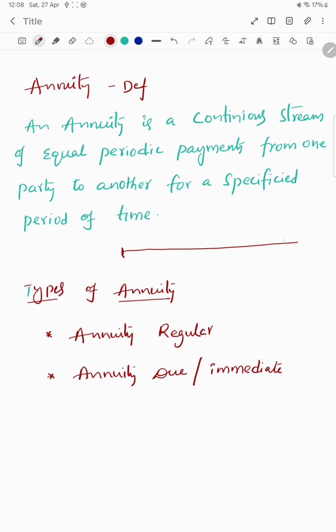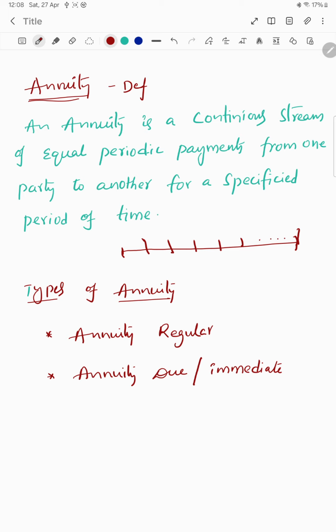Let's say this is the 12 months duration, so the person will pay some money by the end of the first month, second month, third month, fourth month, fifth month, and so on up to the 12th month. The cumulative money of all these payments is called annuity.